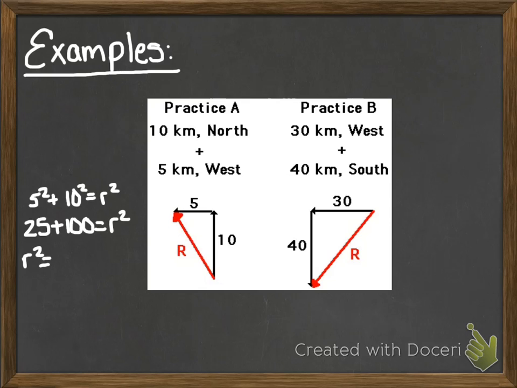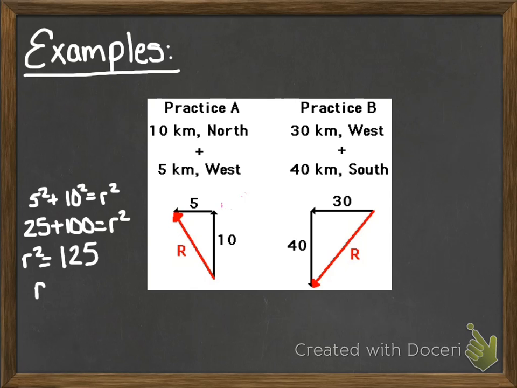On practice A, I have 10 kilometers north and then immediately followed by 5 kilometers to the west. Again, notice that I did the 10 kilometers north right here. I'm going to go tip to tail, right? And then join that to the 5 kilometers to the west. That means I'm going to have 5 squared plus 10 squared equals r squared, or c squared.